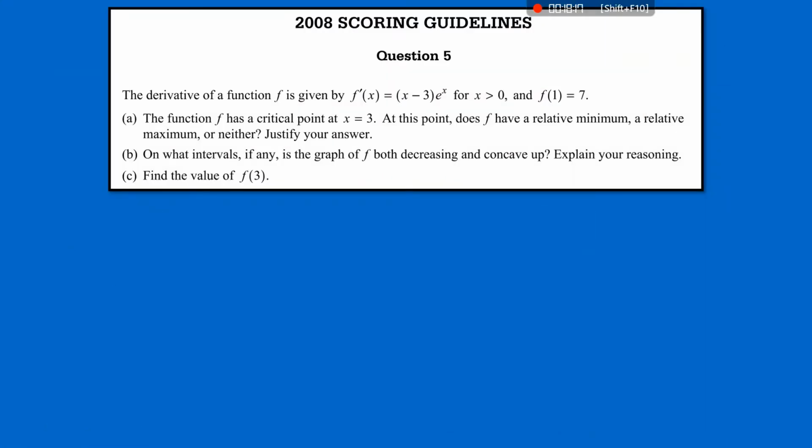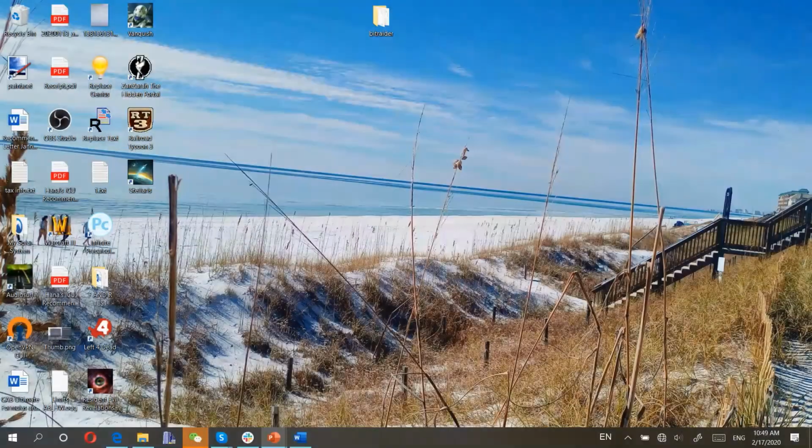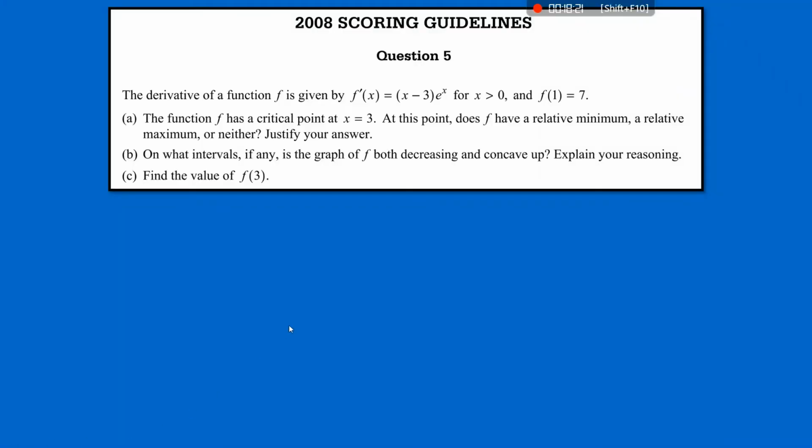Oliver, what would you do? Set the function equal to 0. Okay, I'm going to set this derivative of the function equal to 0, because that's when we can tell if I've got a critical point.